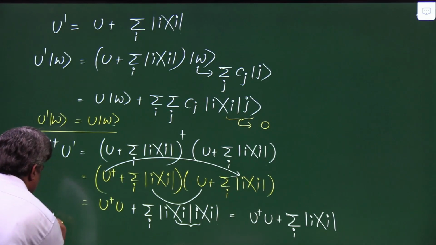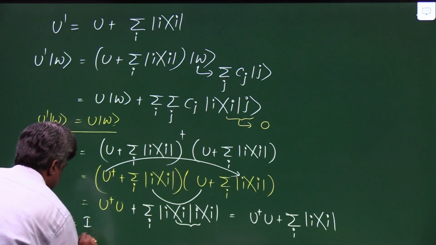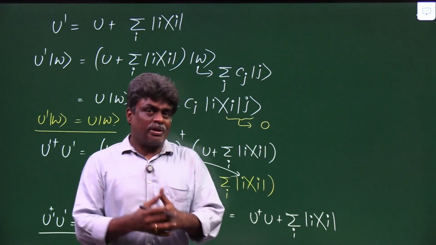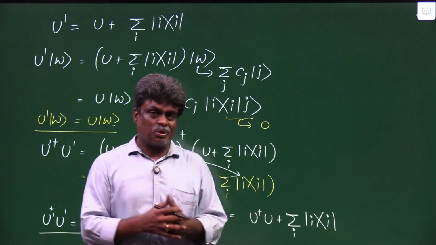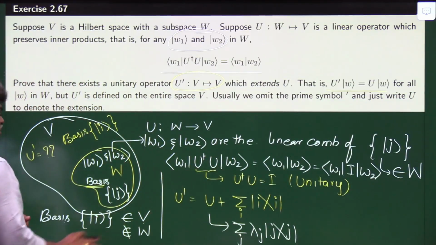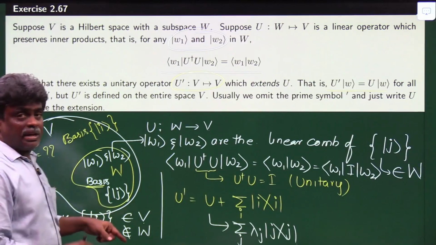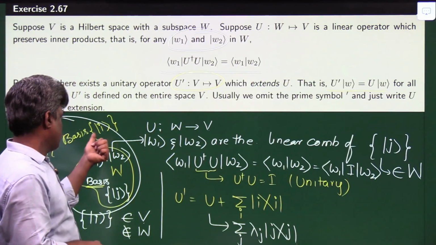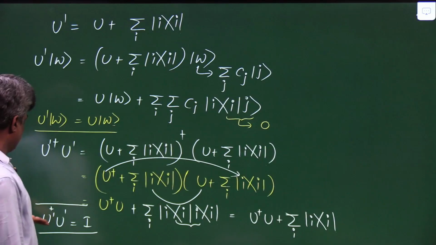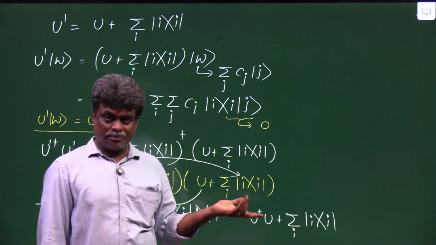We can say u prime dagger into u prime equals I. That means the summation over j of |j><j| and the summation over i of |i><i| together cover the whole Hilbert space. By using the completeness rule, summation over j outer product |j><j| plus summation over i outer product |i><i| should be equal to the identity I. So we can show that u prime is also a unitary operator. I hope you understand.